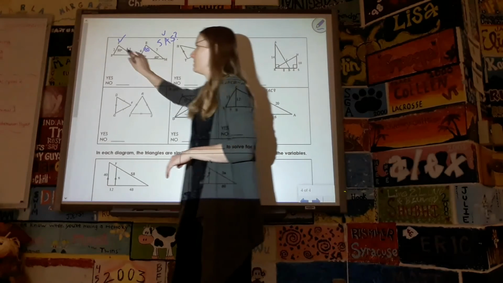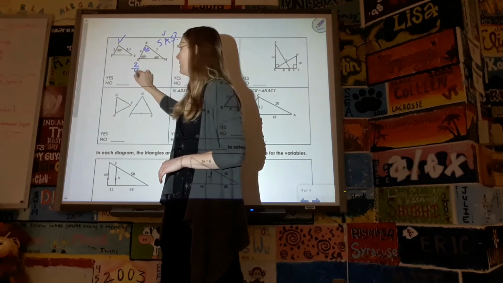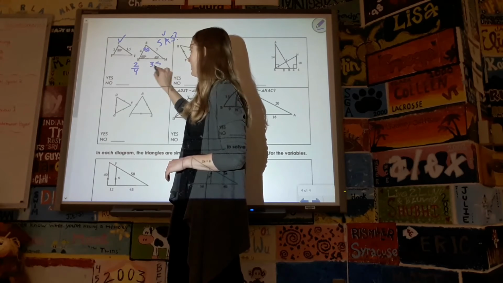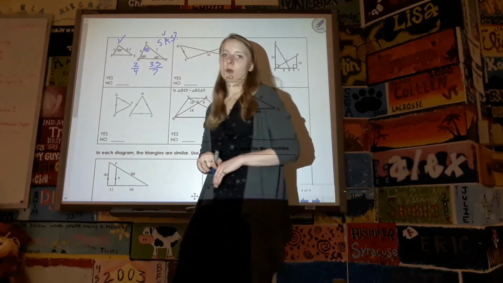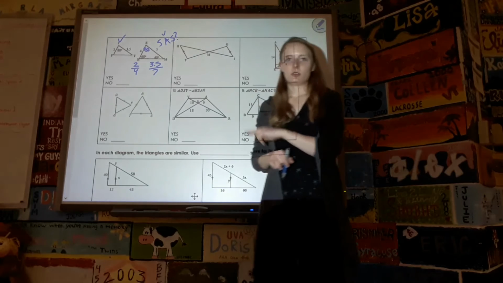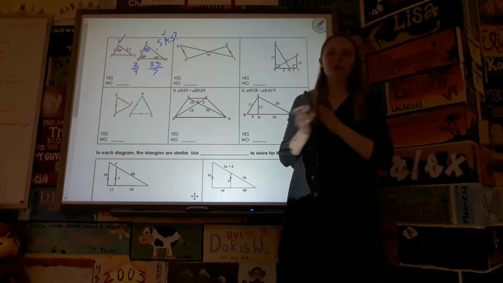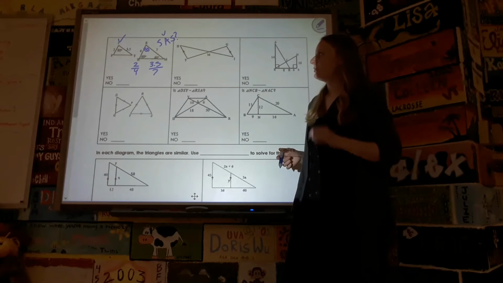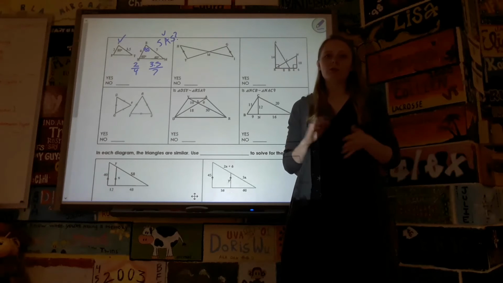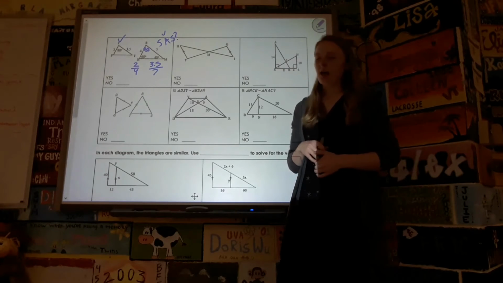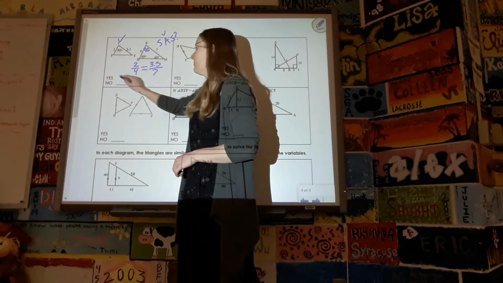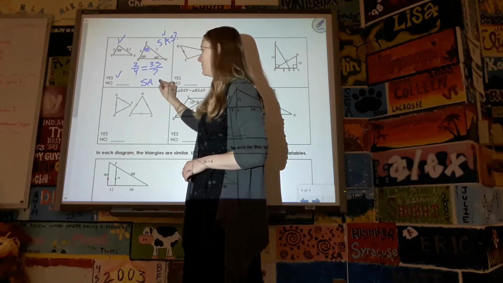So I compare the 2 to the 4, short to short, and then long to long. So if I compare 2 to 4 and 3.5 to 7, they both simplify to 1/2. So these are the same value. That means that the triangles are similar by side angle side.